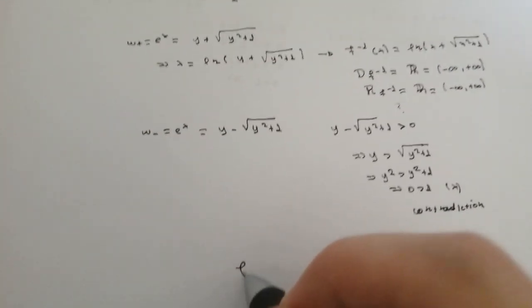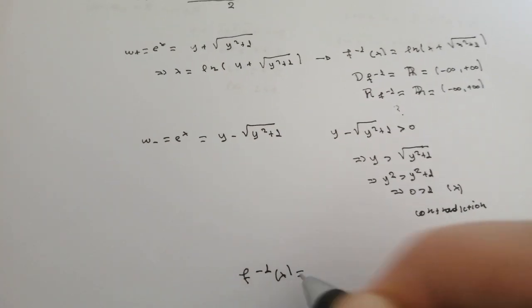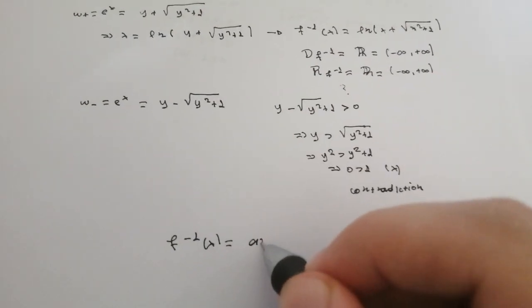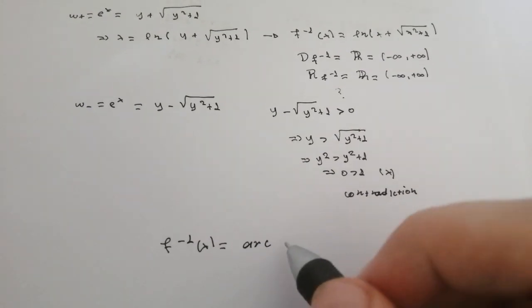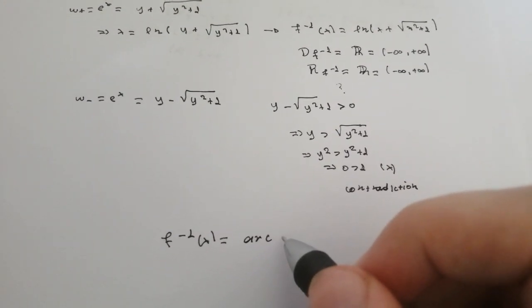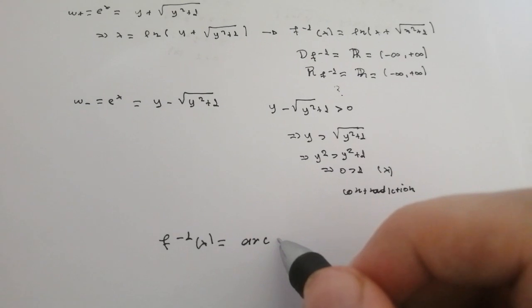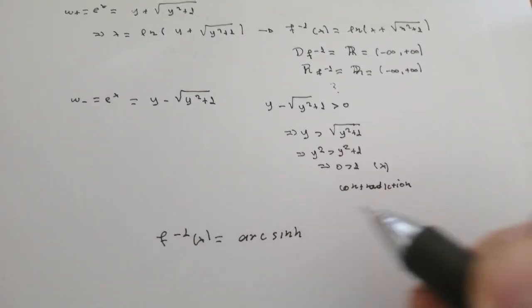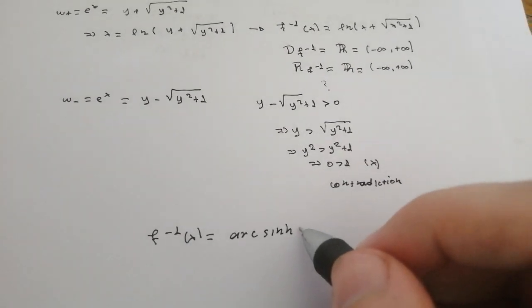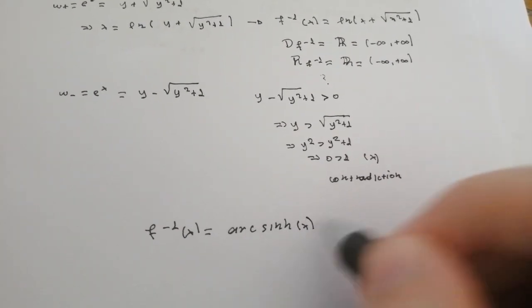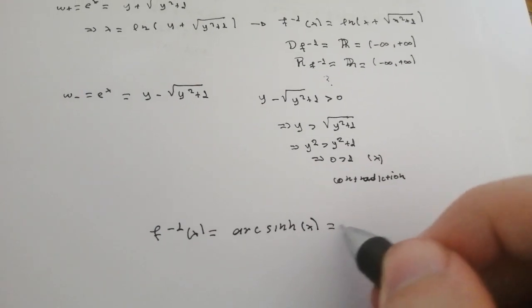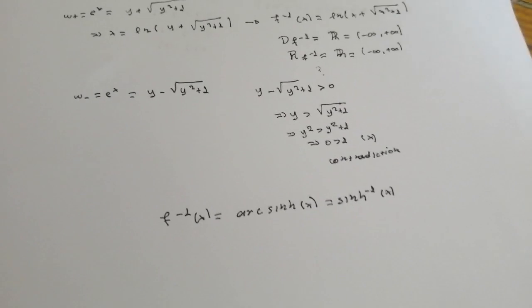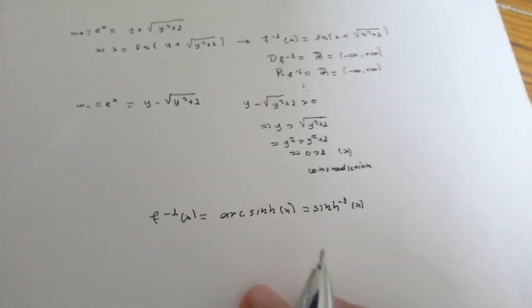So finally we can write it. This usually appears as arc sine hyperbolic of x, or sine hyperbolic to the minus 1 of x, the inverse function.